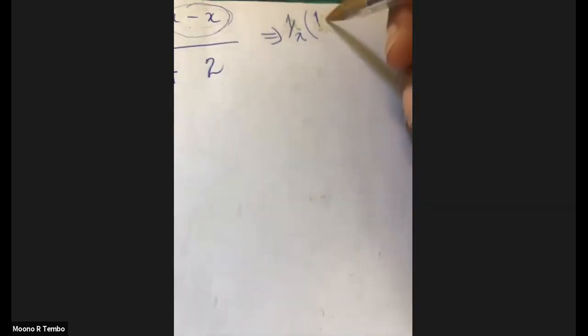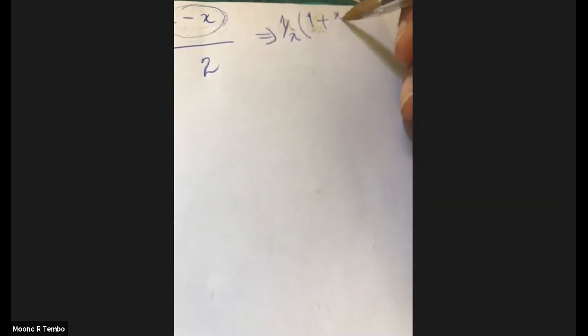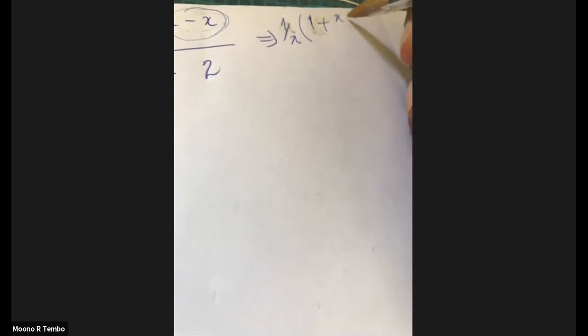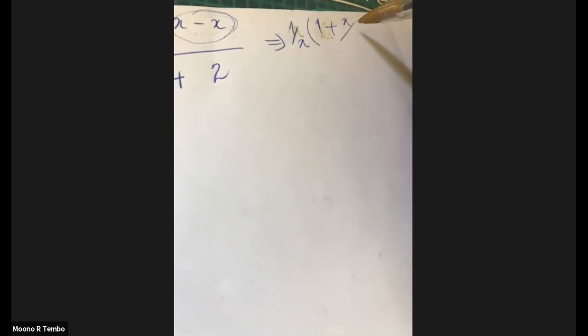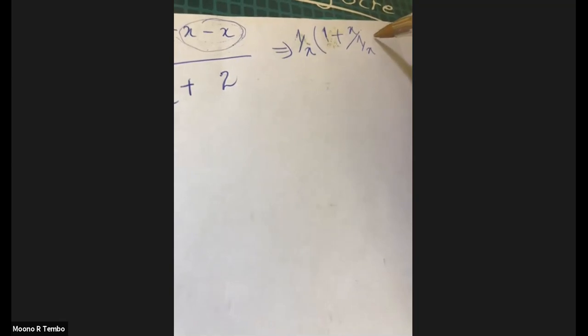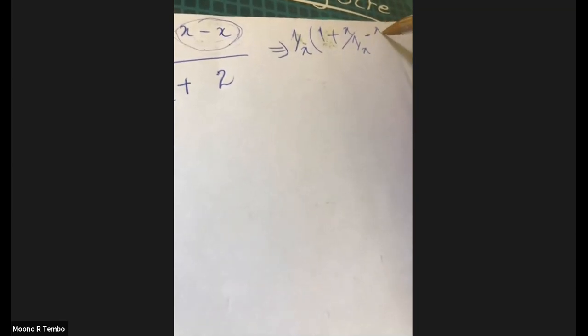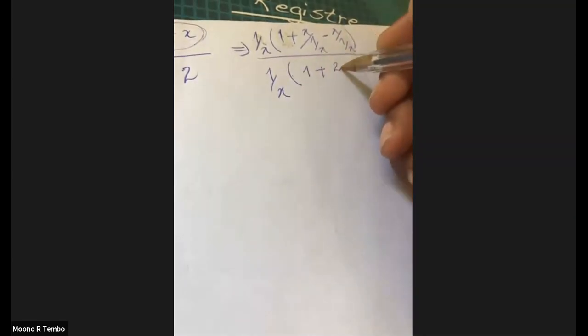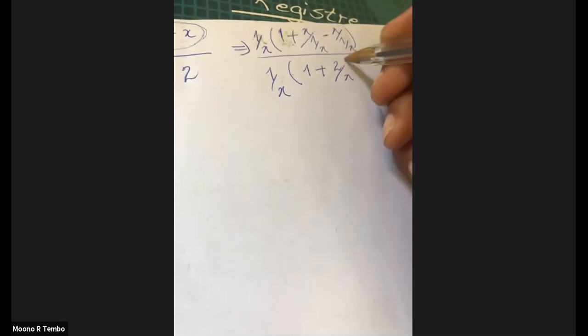Have this 1 whole number plus x over 1 over x, and then minus x over 1 over x, like that. There, everything's going to be over 1 over x, open bracket 1 plus 2 over x. There, this part here will give us 0.